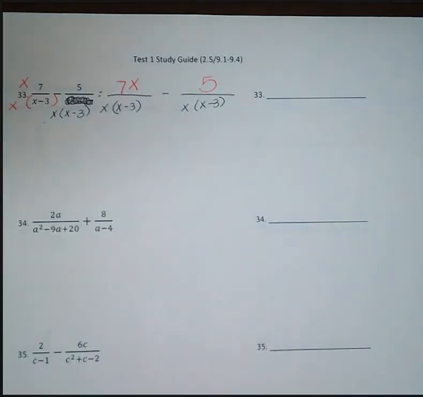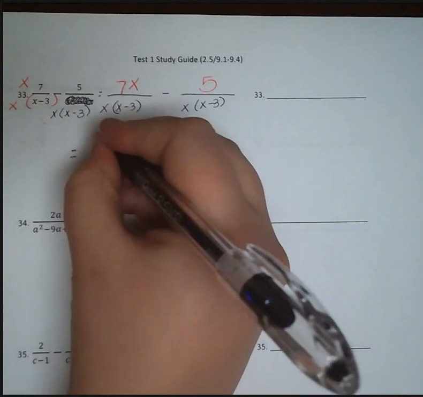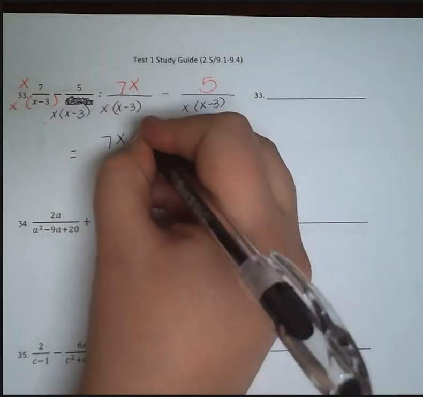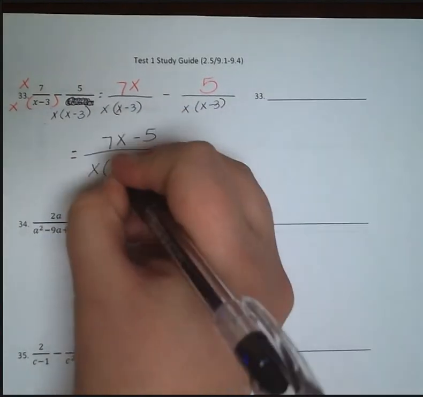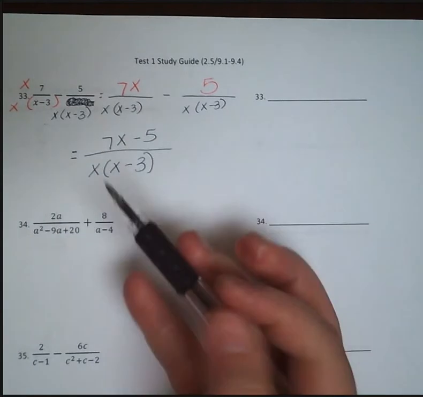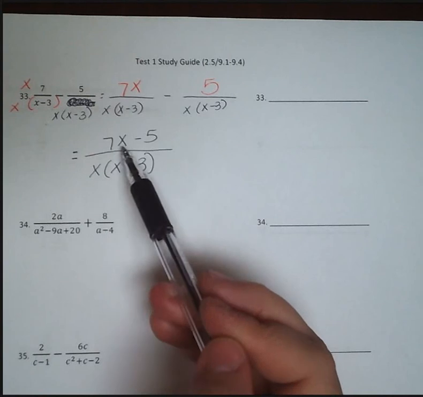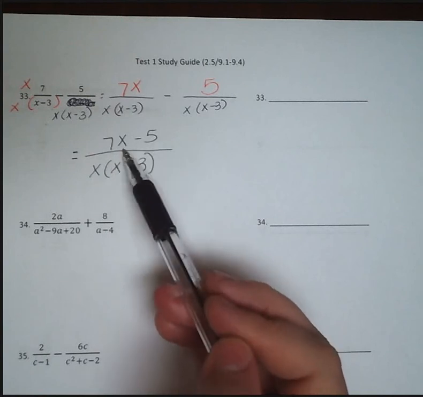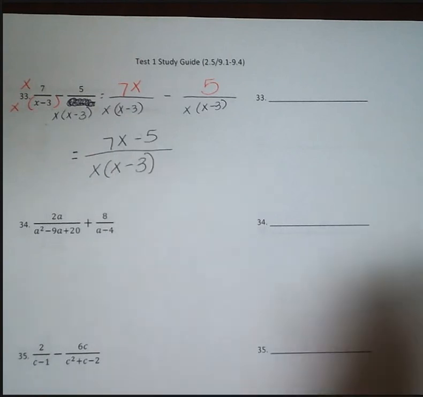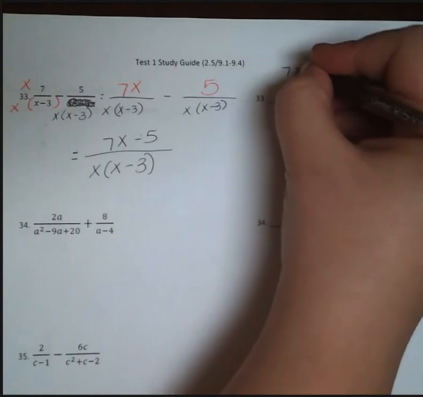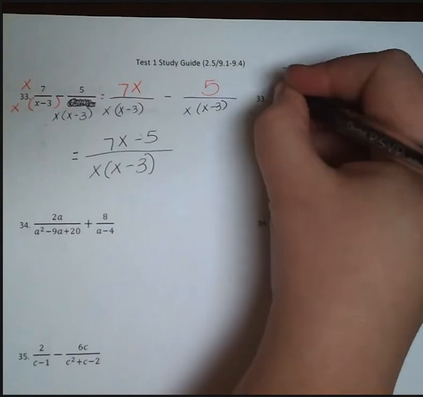So now we're going to combine everything to be over the same denominator. Nothing simplifies. This x does not simplify with either one of these because it's being subtracted by 5. So this is our final answer.